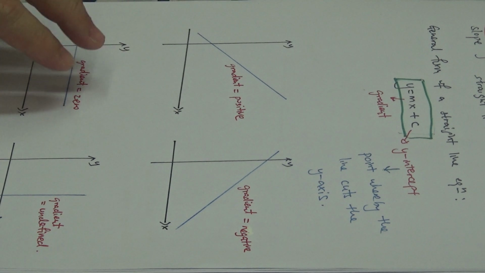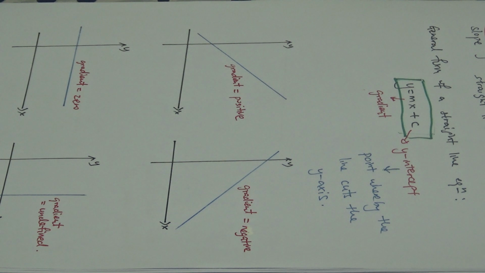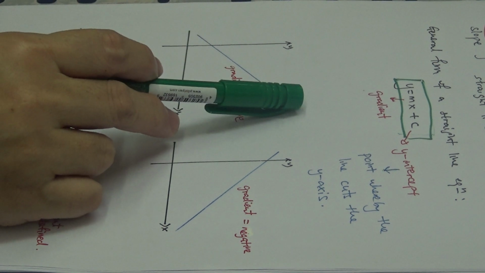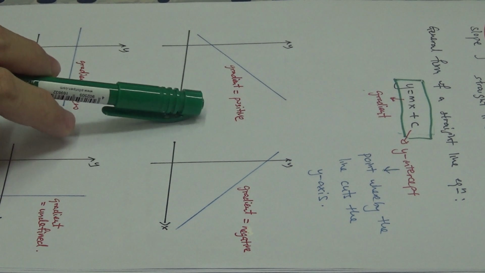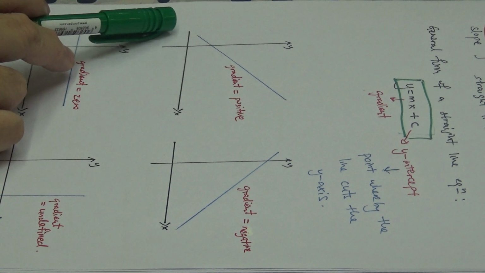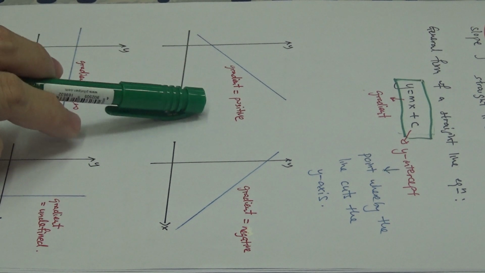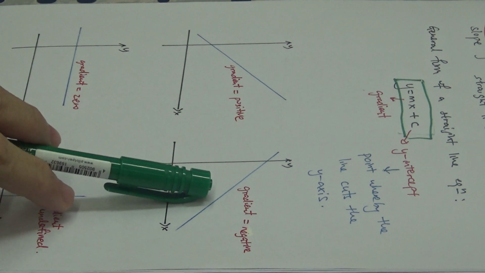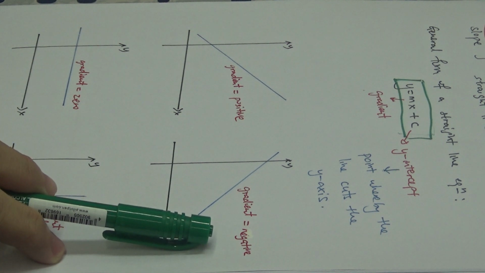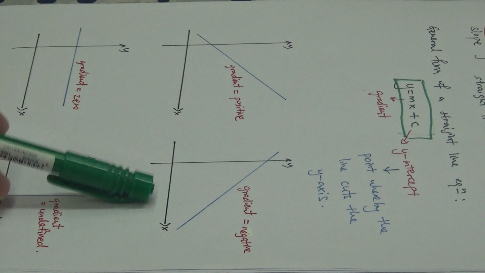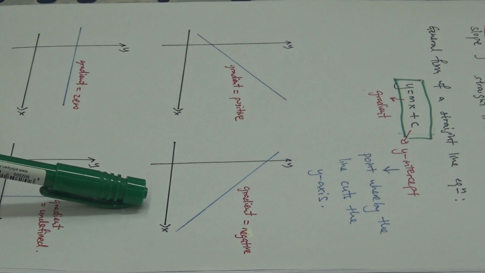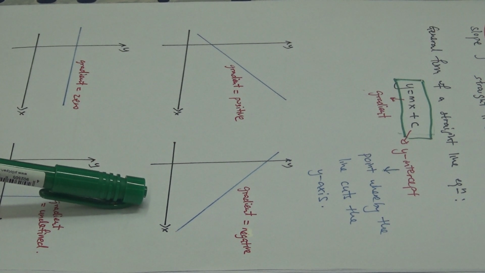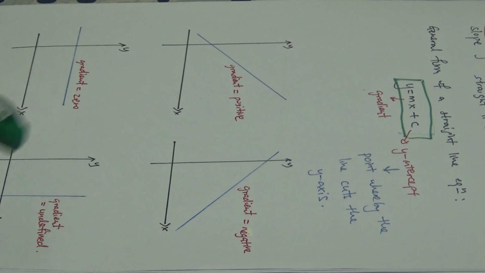First, if the line slopes upwards like that, the gradient will be positive. If the line slopes this way, the gradient will be negative. Take down these two on page 181 at the blank space below. Pause the video if you need more time.